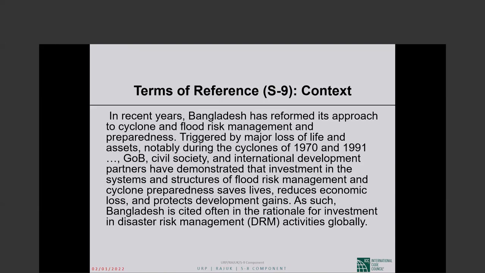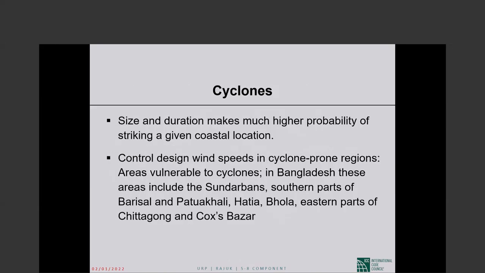As such, Bangladesh is cited often in the rationale for investment in disaster risk management activities globally. So Bangladesh has made significant and recognized gains in preparedness, essentially for cyclones. The design part, I don't know if it is explicitly included in that statement.